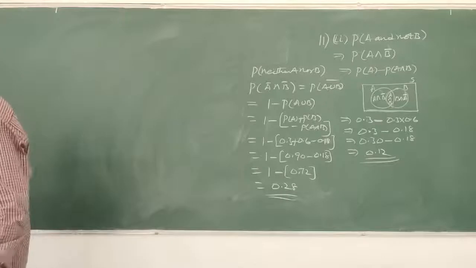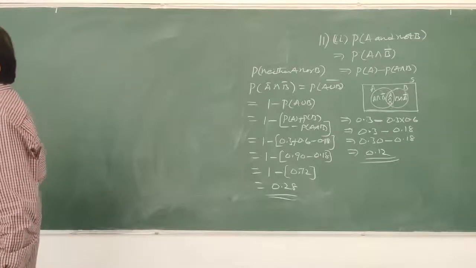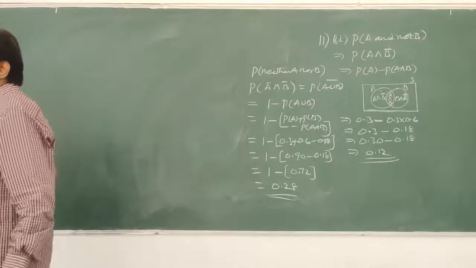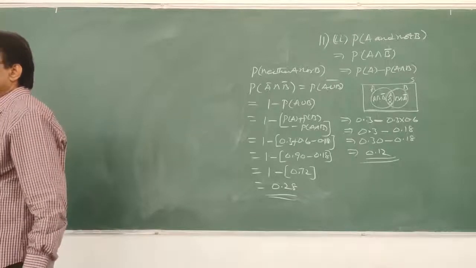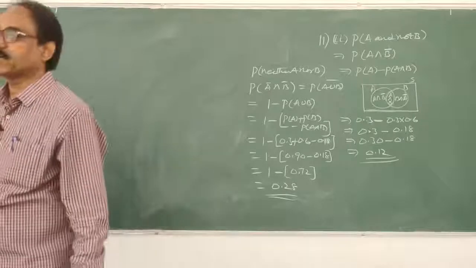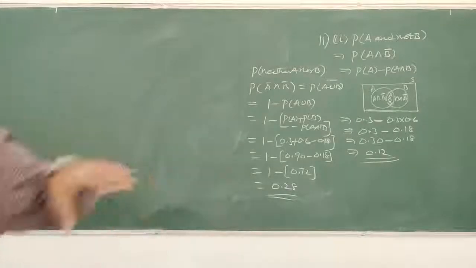Problem number 12. A die is tossed thrice. Find the probability of getting an odd number at least once. I don't know whether I taught this or not, but anyhow, once again we will do it, no problem.